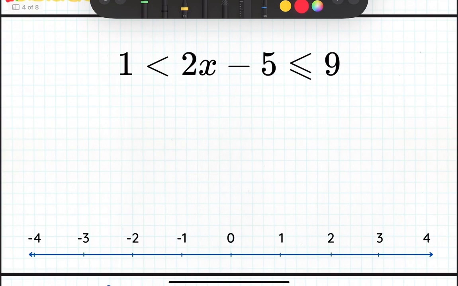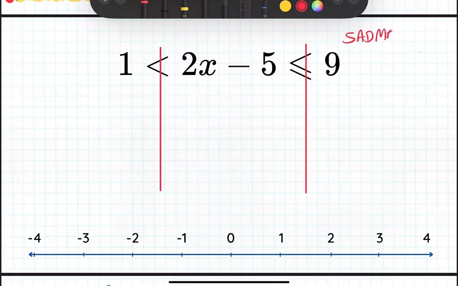Here, we're going to follow the same steps. We have 1 is less than 2x minus 5, less than or equal to 9. So let's draw our lines where our symbols are. And we're going to follow the same steps as we always do, SADMEP. So I'm going to add 5. Remember that what I do on one side, I do to the other, and I'm going to do it to every side.